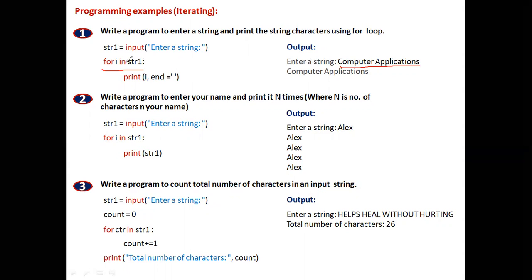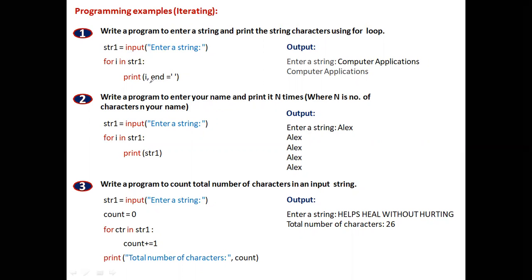Then i moves on, because i acts as a counter which works for each and every character of a sequence. Now, computer applications is a sequence, that is a string, and string is a sequence type. So for i in str1 will be printing computer applications because i moves from one character to another.